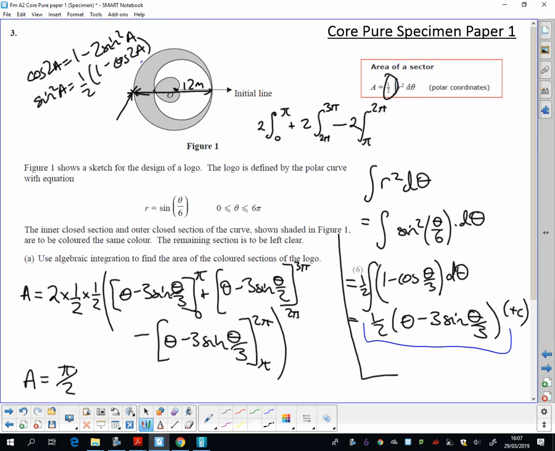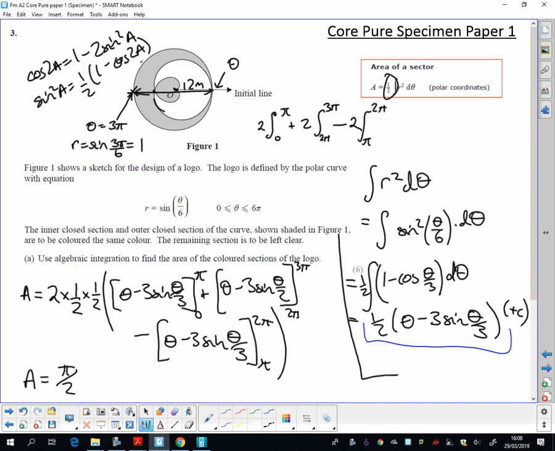Once we go around there, so that's pi, then we go 2 pi, so that's when theta equals 3 pi. So when theta equals 3 pi, r equals sine 3 pi over 6, which is a half pi, so that's 1.